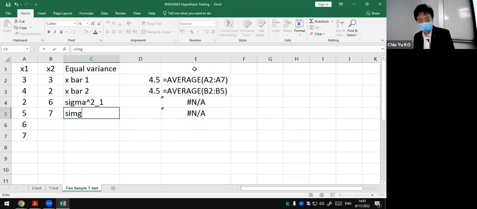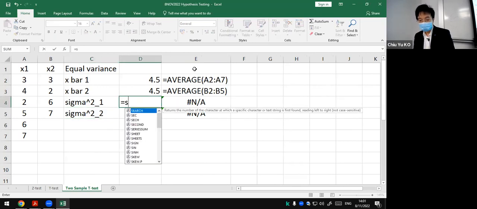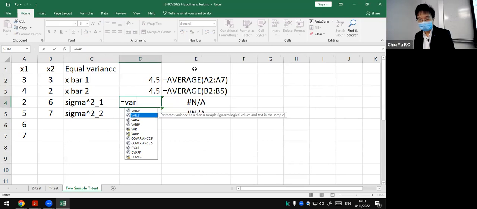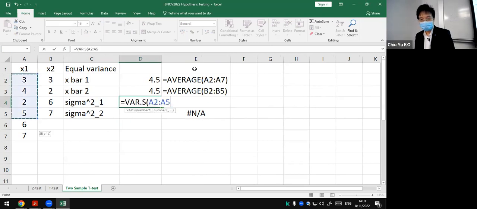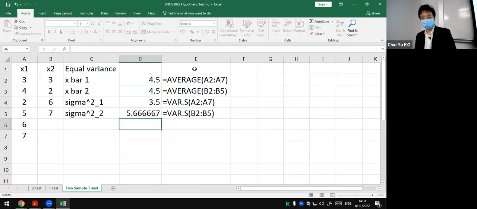And we have sigma square 2, okay, which is given by VAR.S of the first column and VAR.S of the second one. Okay. So these are the two cases.